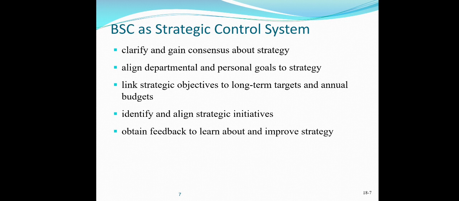So like if you read the textbook, when a business implements balanced scorecard, the business will have measures in each of the 4 perspectives of the balanced scorecard.